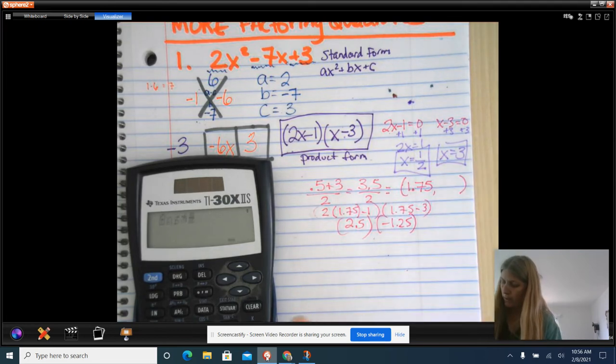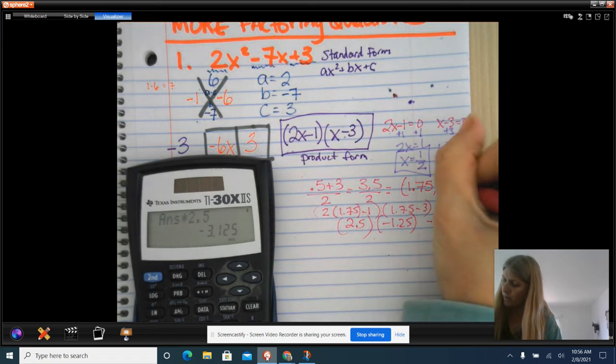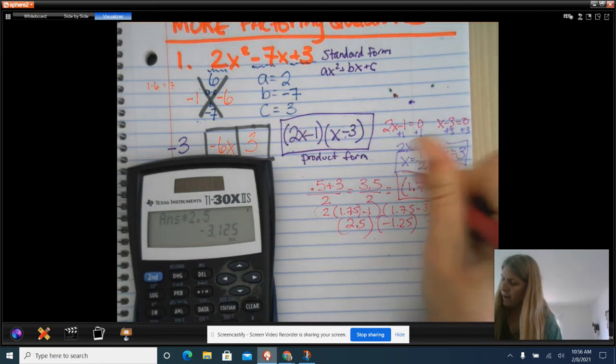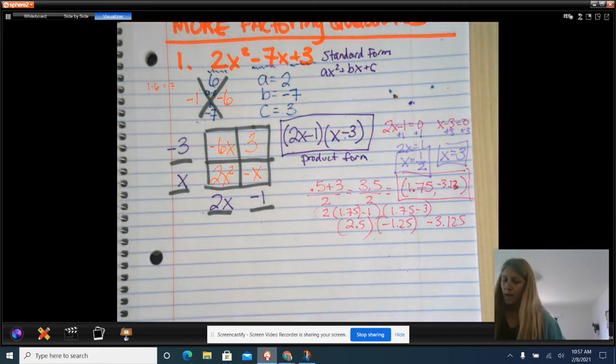We're going to multiply those two together, and I get negative 3.125, and we're going to round to the nearest hundredths for these, so 1.75, negative 3.13, that is our vertex.